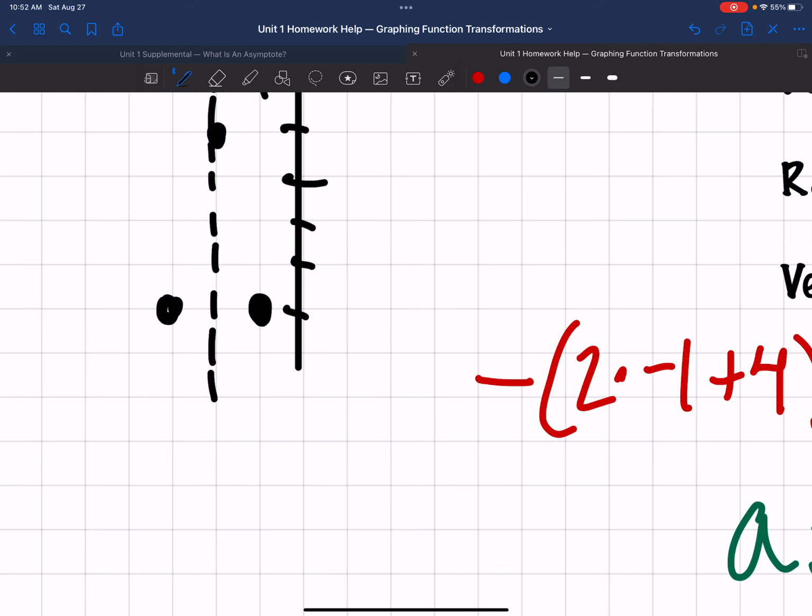So I'm going to try this. Ooh, let's be careful. I think I wanted it to be a little bit fatter. It's hard. I do this better on pencil and paper.